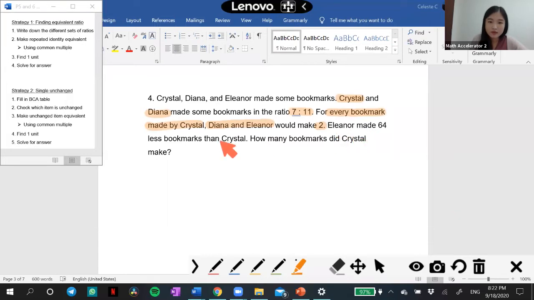Eleanor made 64 less bookmarks than Crystal. Less. How many bookmarks did Crystal make? Remember, step 1, right? Write down the ratios first.